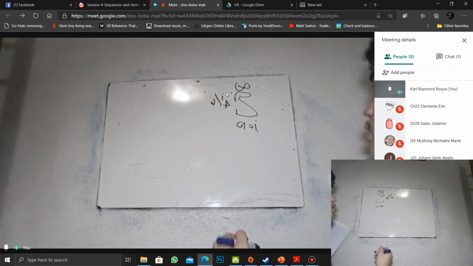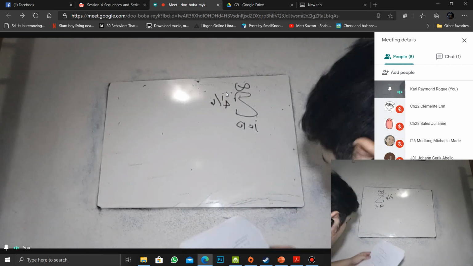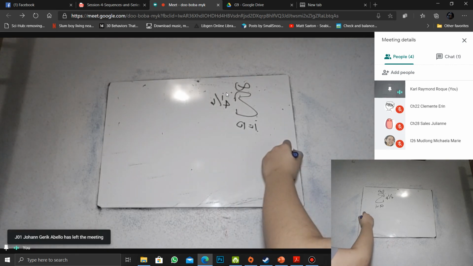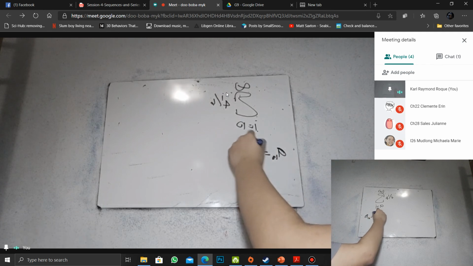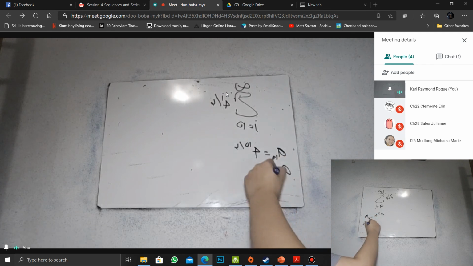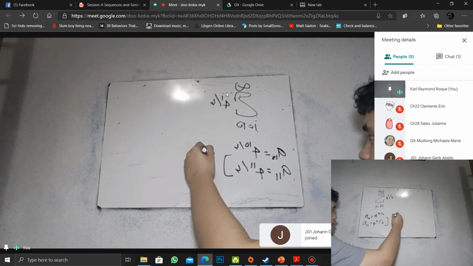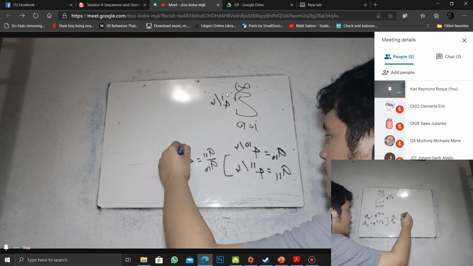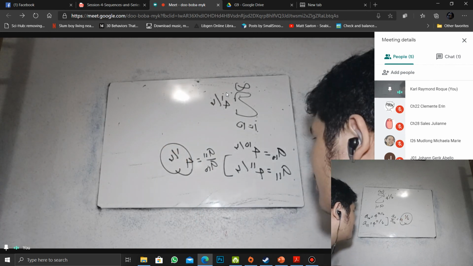A sub 10 is 4 raised to 10 over 6, a sub 11 is 4 raised to 11 over 6. Common ratio: divide a sub 11 over a sub 10 equals 4 raised to 1/6. Greater than 1 yan.